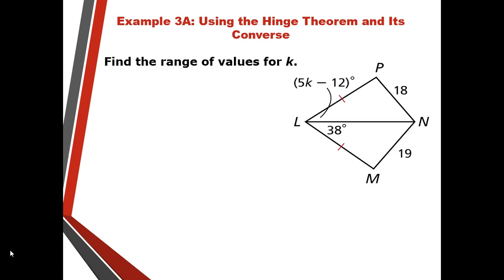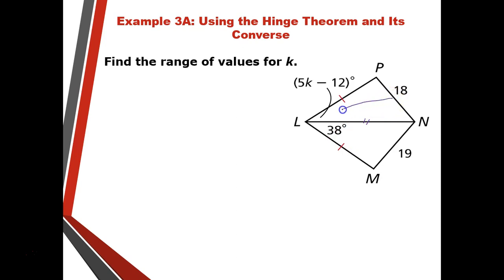Okay, in this one, like in the last section, we're asked to find the range of values for something using inequalities. It says find the range of values for K. So here's K in this one. And how we're going to figure out the range is using that hinge theorem. See how PN has the smaller side. These two sides are congruent. This side is congruent to itself.